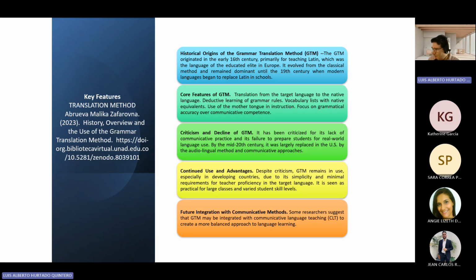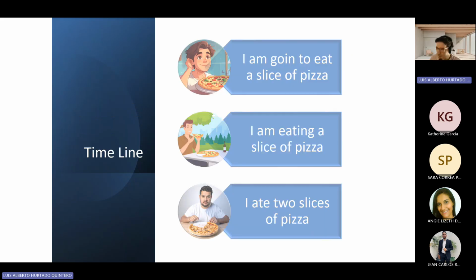Okay. Now, I am going to show you a timeline of the tenses, or how it works in the future.